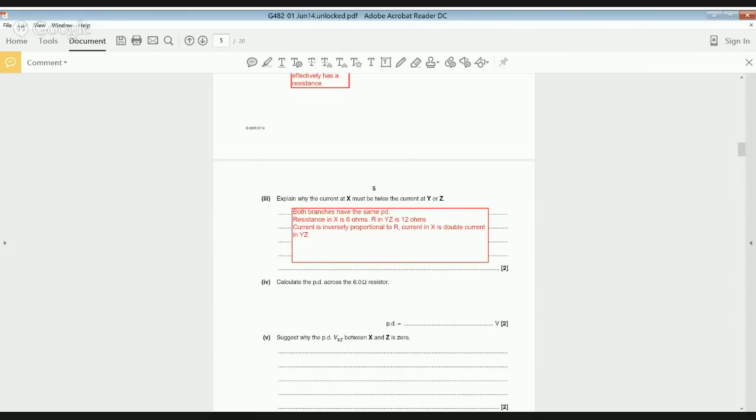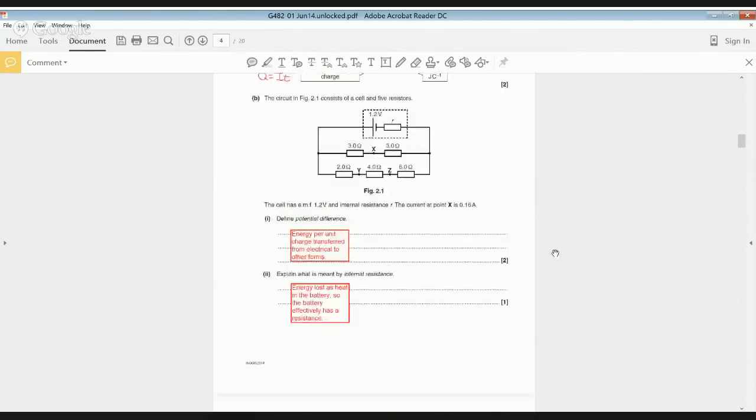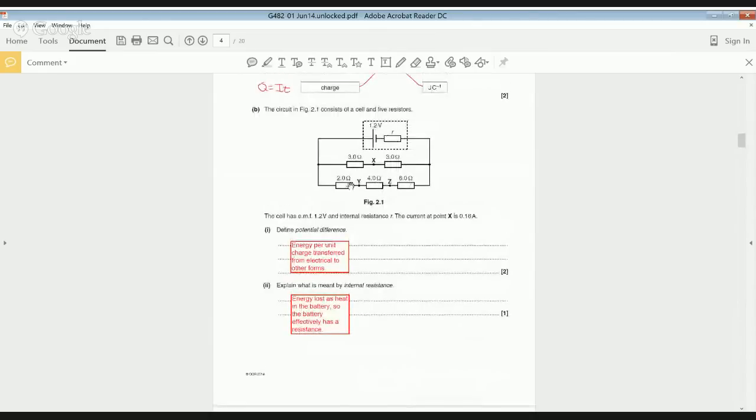Calculate the potential difference across the 6 ohm resistor. So let's have a look at the 6 ohm resistor. It's up here, it's on the YZ branch.